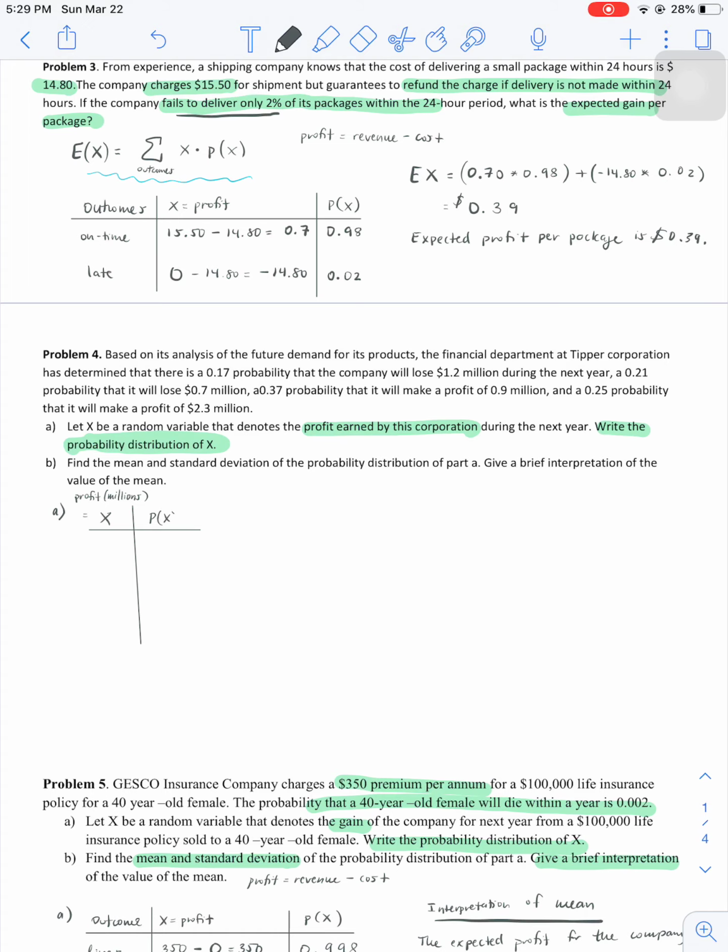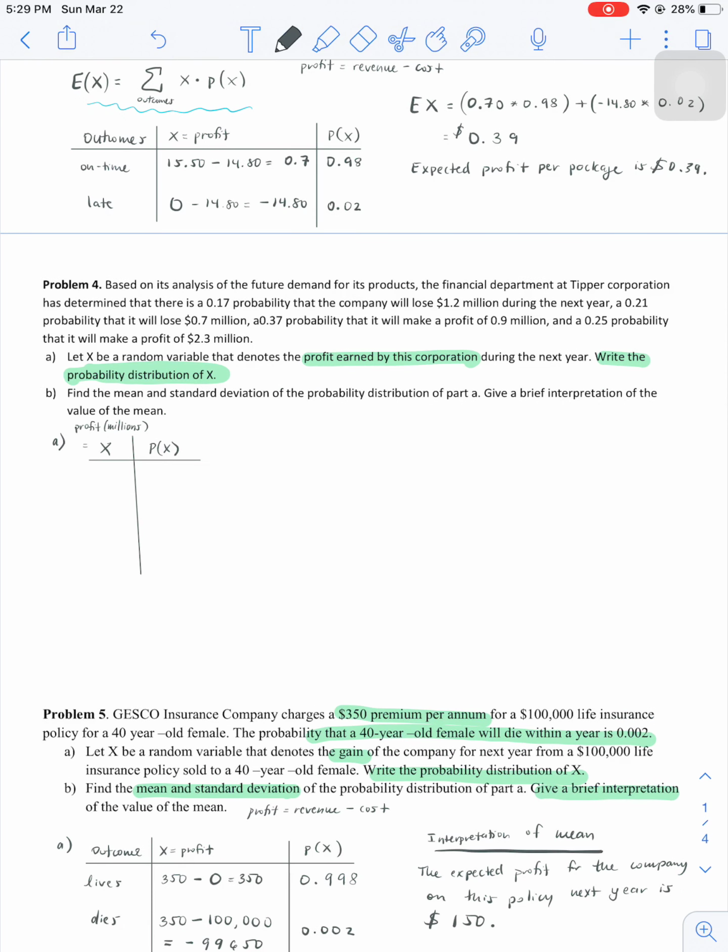The other column in our table should be the probability that they earned that much in profit. So we're given that there's a 0.17 probability that the company will lose 1.2 million. Losing 1.2 million is the same thing as a negative profit of 1.2 million. So I'll fill in that row of the table. There's a 0.21 probability that they'll lose $0.7 million.